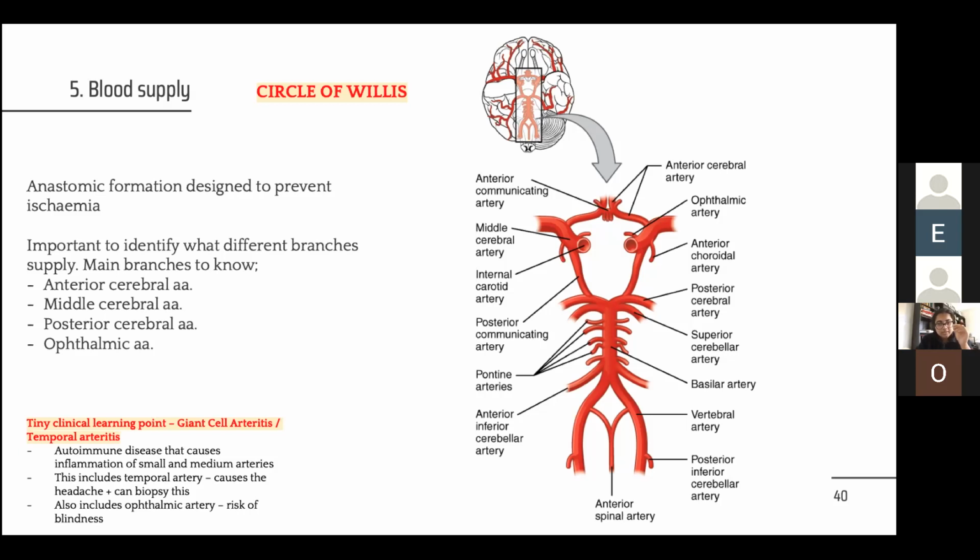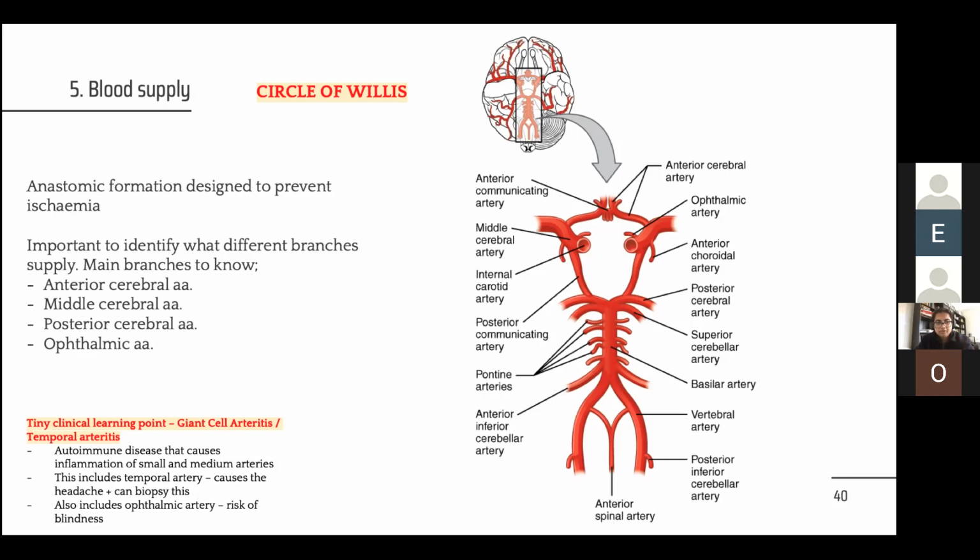But at the same time, it can affect the ophthalmic artery, even though the ophthalmic artery and the temporal artery aren't closely connected. And because it can affect the ophthalmic artery, there's a massive risk of blindness, which is why you want to be able to recognize GCA, recognize temporal arteritis, and treat it.